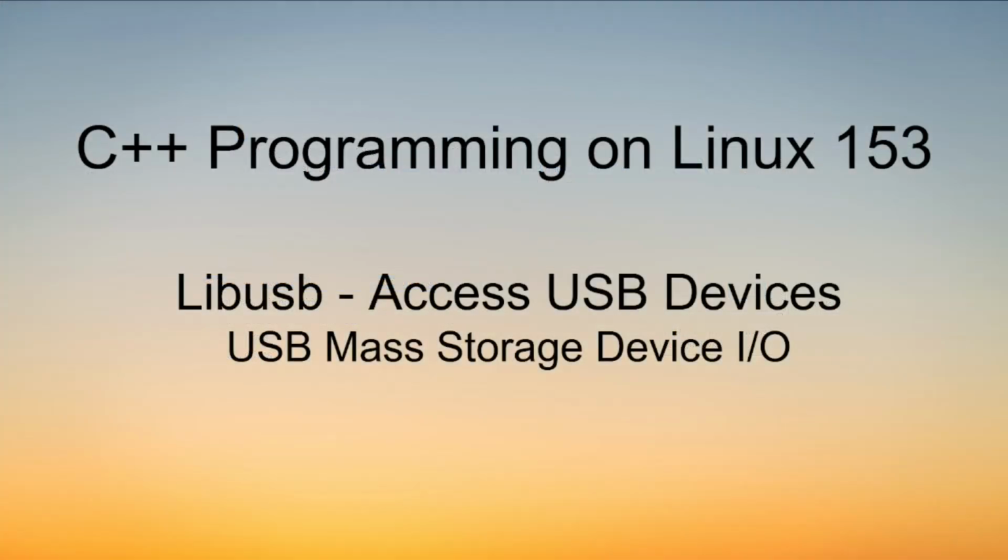For the example in this short video, we are going to write a C++ program, libusb_test_flash.cpp, to perform I/O communication between the host and the USB mass storage class device.